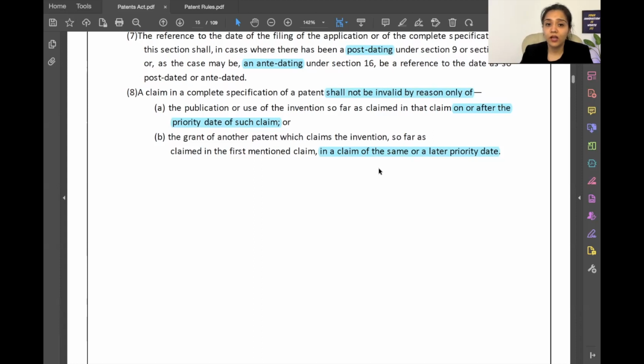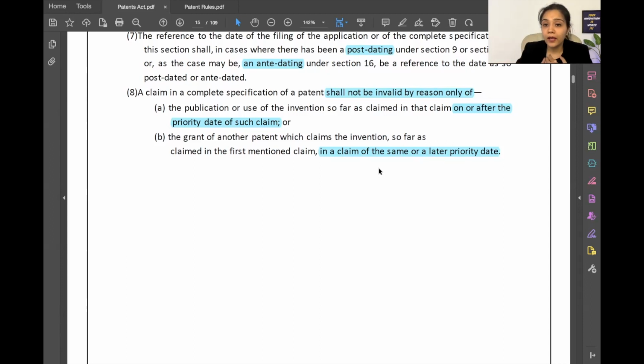And in clause B, we have again, a claim in the complete specification of the patent shall not be invalid by reason only of the grant of another patent which claims the invention so far as claimed in the first mentioned claim in a claim of the same or later priority date.